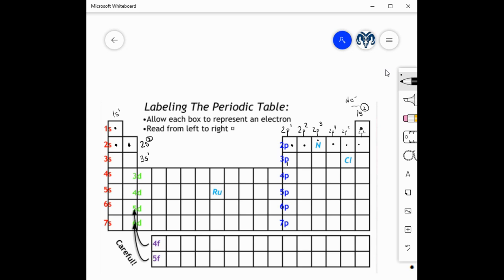This is going to be 3p1, 3p2, 3p3, 3p4, and 3p5. So that's chlorine.